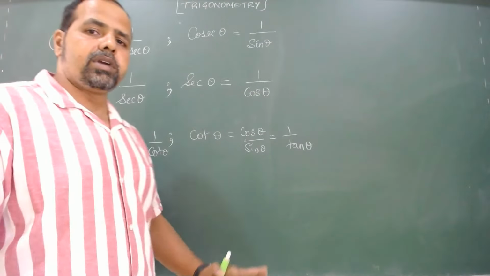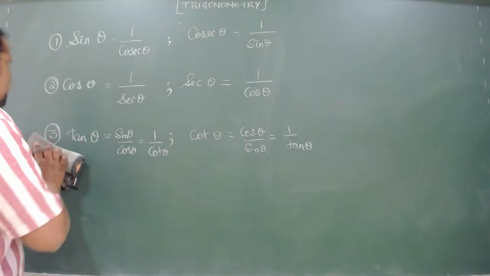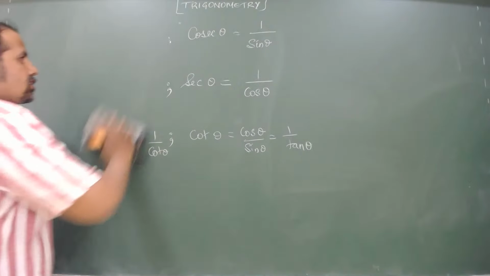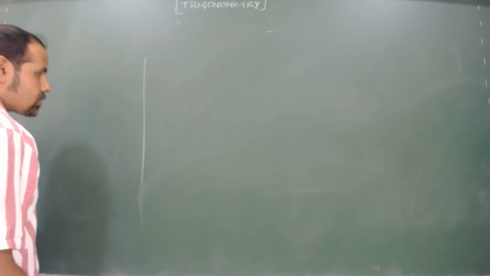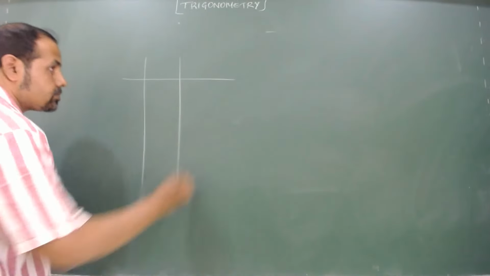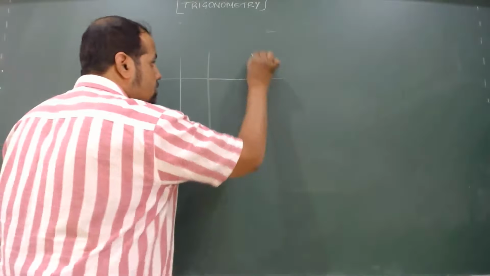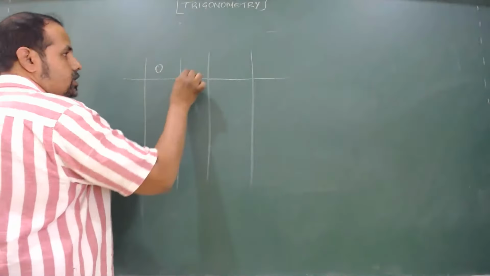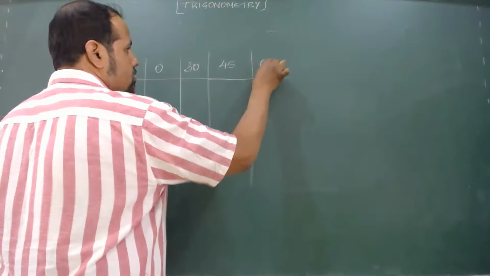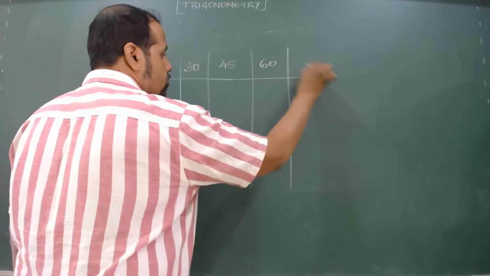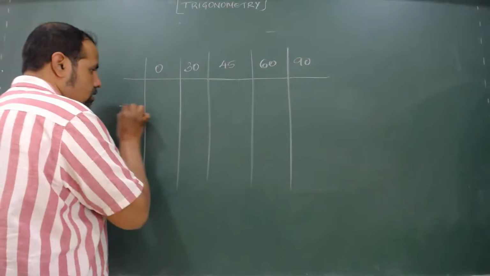Now, after trigonometric ratios, we deal with trigonometric ratios of specific angles. For that we have learned to write the tabular column, right, from 0, 30, 45, 60, followed by 90.